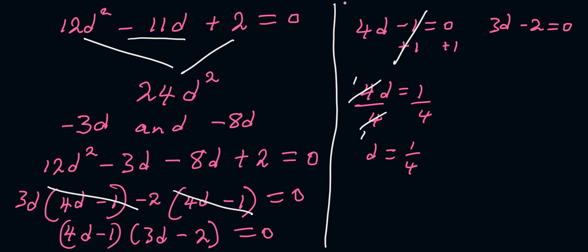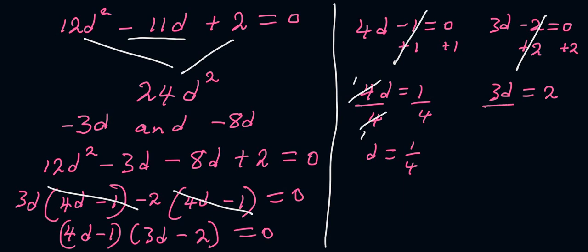And also, we are going to isolate 3d by adding 2 to both sides of this second part of the question. So when you do that, negative 2 plus 2 will cancel out, and we are left with 3d is equal to 0 plus 2. That's going to give us 2.